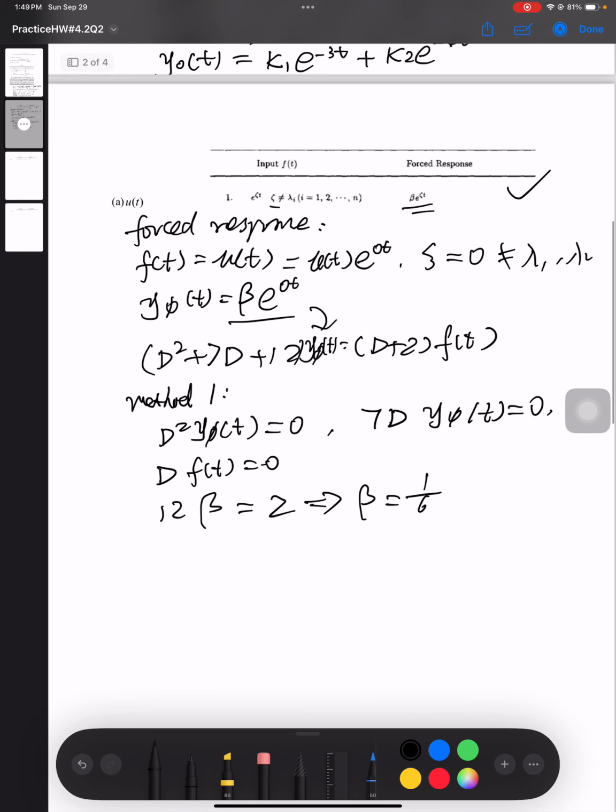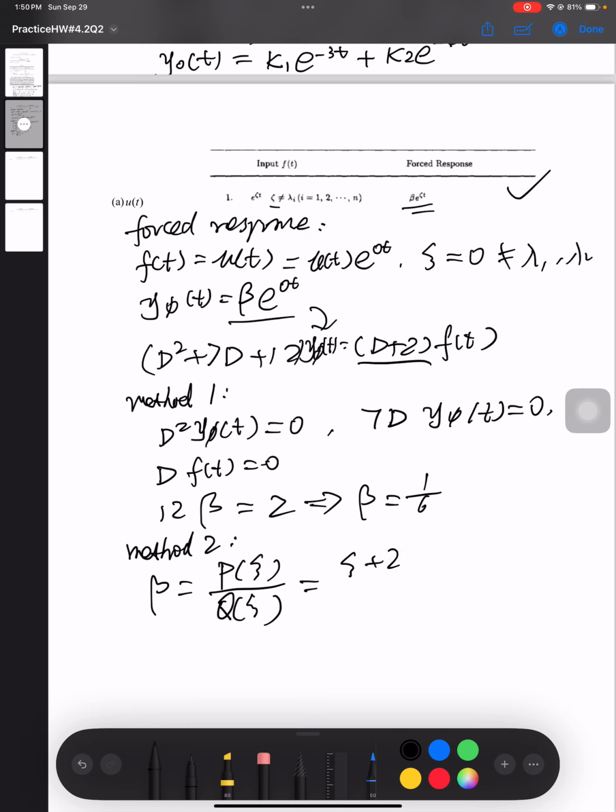For method 2, it's easier. We know the transfer function, right? Beta just equals p(sigma) over q(sigma), where p(sigma) equals sigma plus 2, the right-hand side, and q(sigma) equals sigma squared plus 7 sigma plus 12.